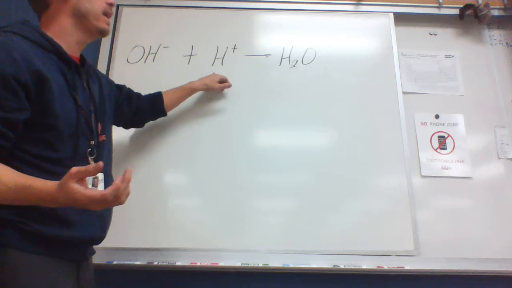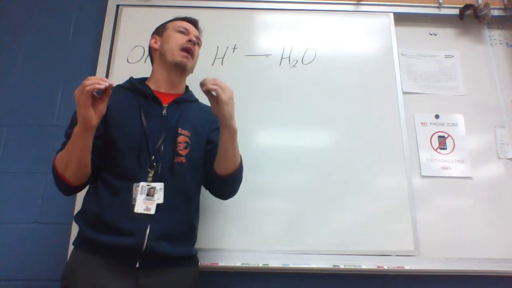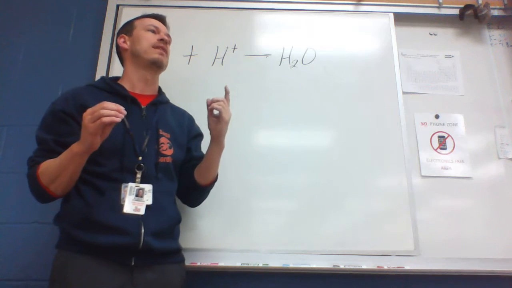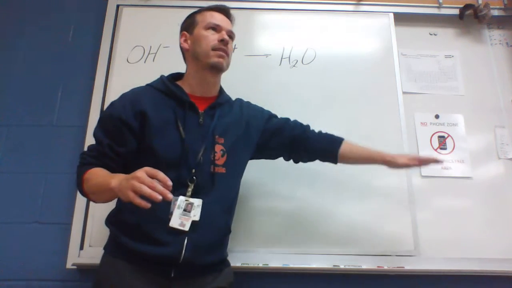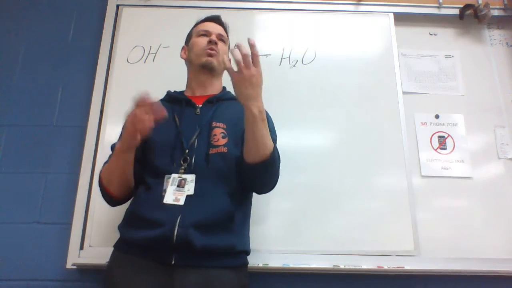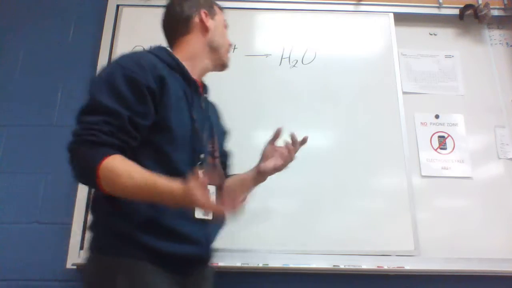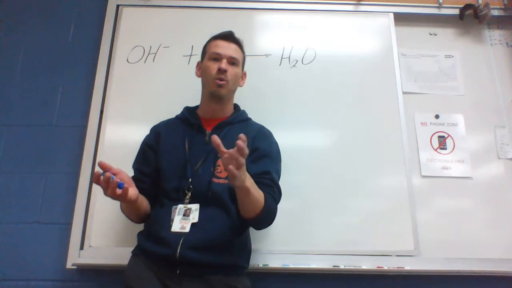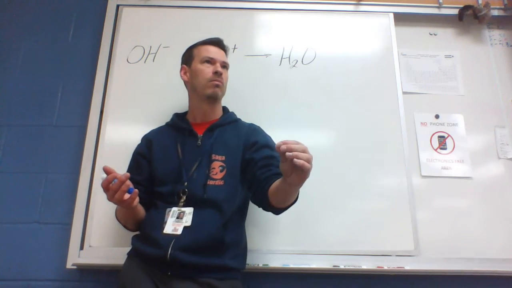So my point is, however many moles we're about to calculate that we start with H plus will be the amount of moles that we started with for the entire process. We only have to calculate it once since we're not going to be adding any more of it. Now, how do we find moles? Well, we've been doing lots of that. Remember, to find moles, molarity times volume, right?